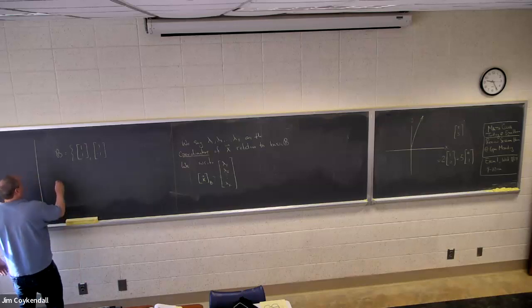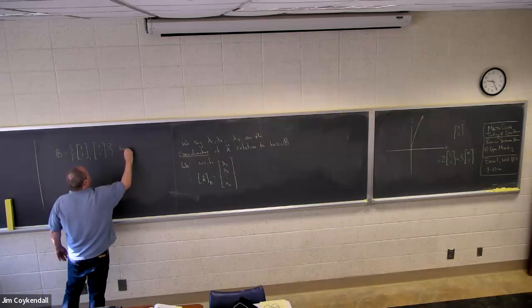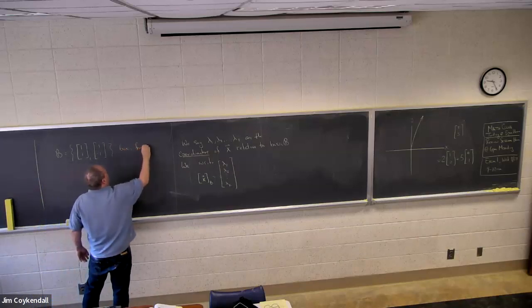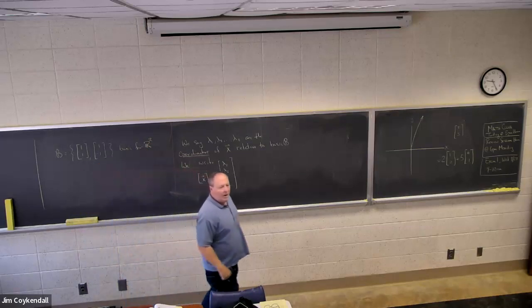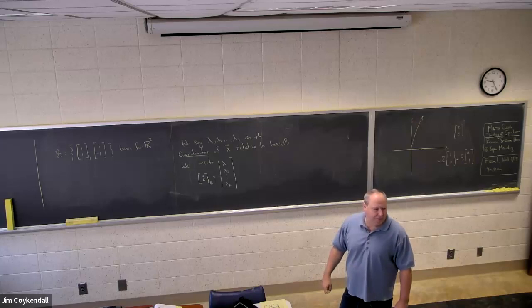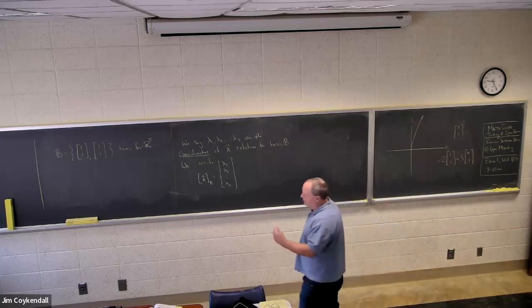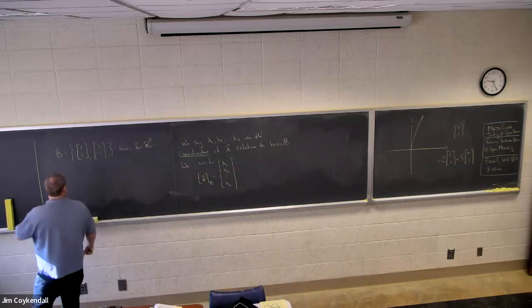By the way, this is probably less of an obvious basis, but put that in a matrix and see that it does indeed row reduce to the identity. This is a linearly independent set, and it spans all of R2.